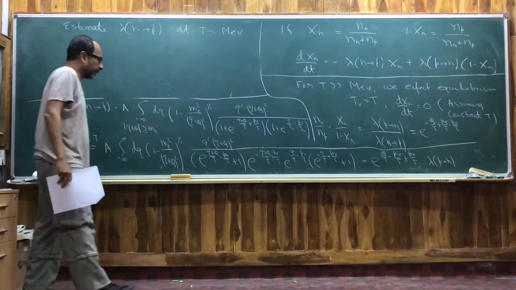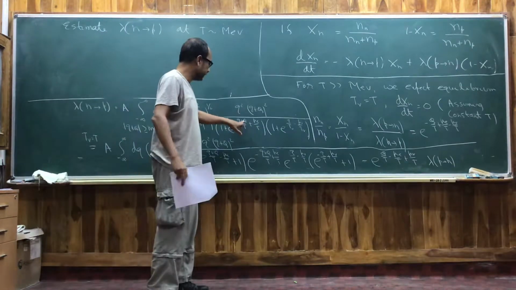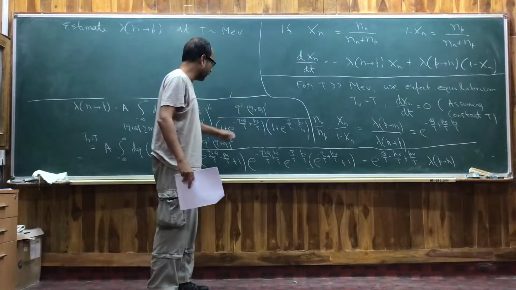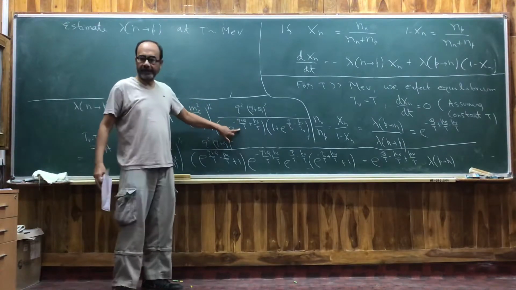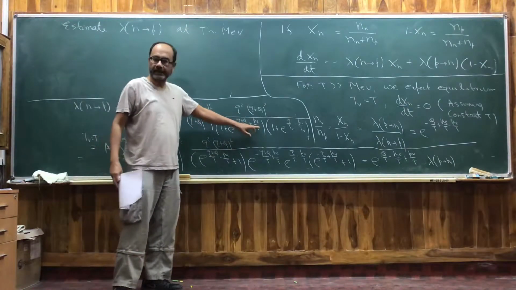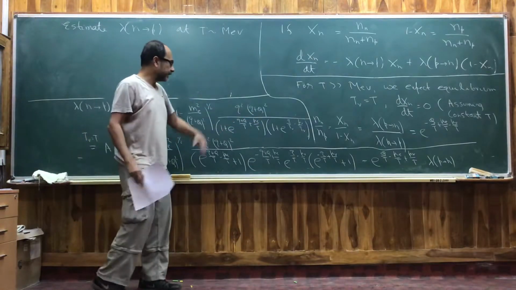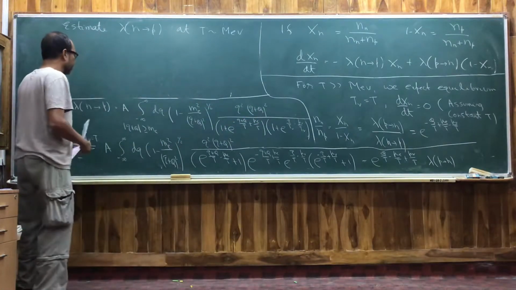At that temperature, we will just ignore these Q over T and mu over T, right? These are order 1 numbers. Q is of order MeV, so Q over T is of order 1, mu over T of course is small. So let's just ignore this and try to get a rough estimate.